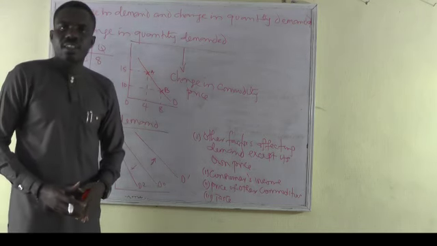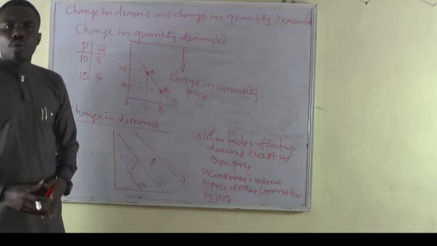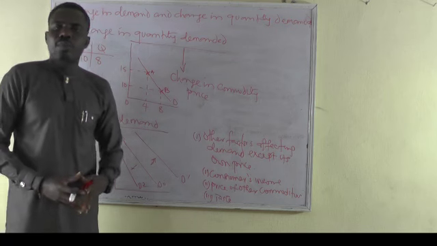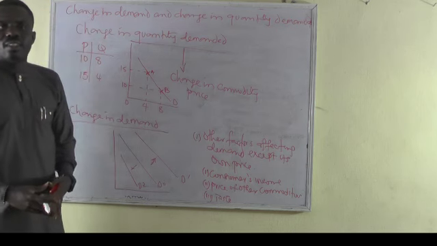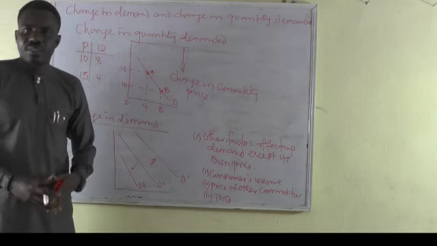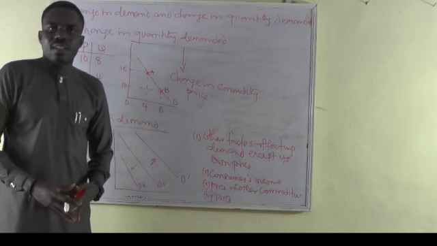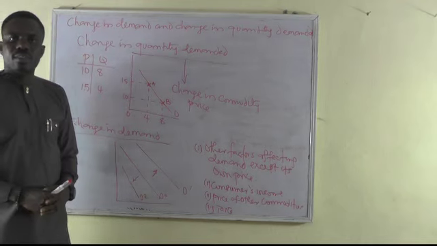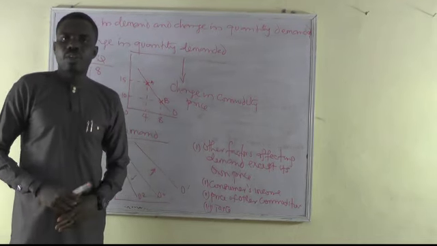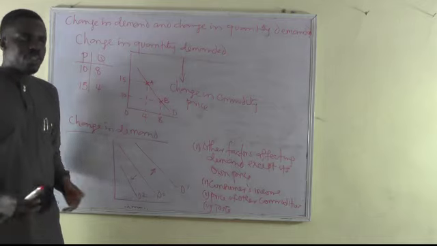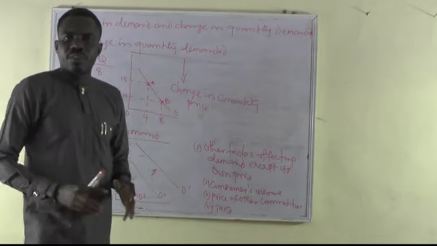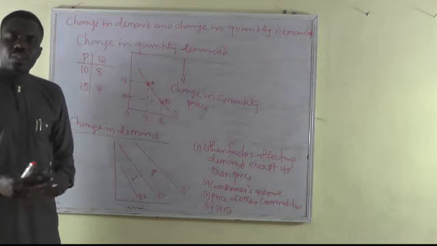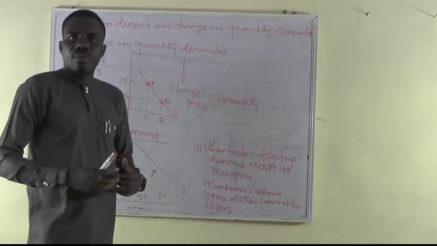For complementary good, when the price of a complementary good increases, the demand for the other commodity reduces because they complement each other. That implies an unfavorable condition. For substitute, when the price of a substitute increases, then the demand for the other commodity increases, which implies a favorable factor for the other commodity.